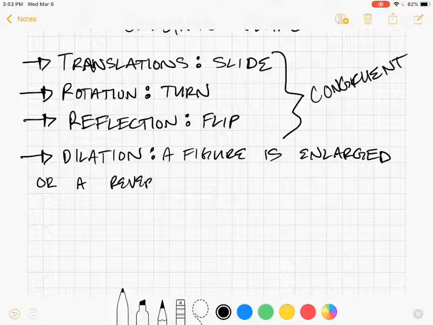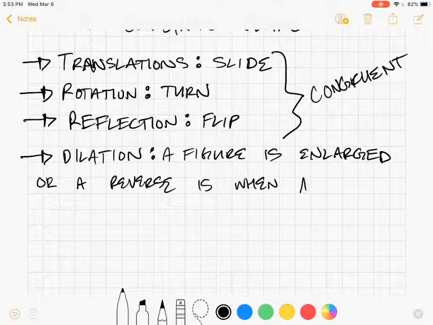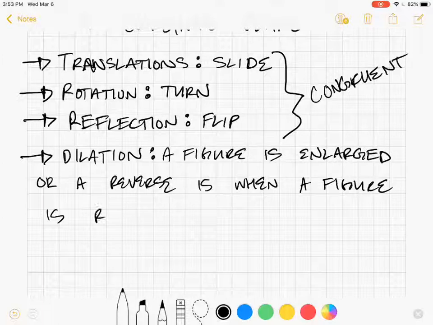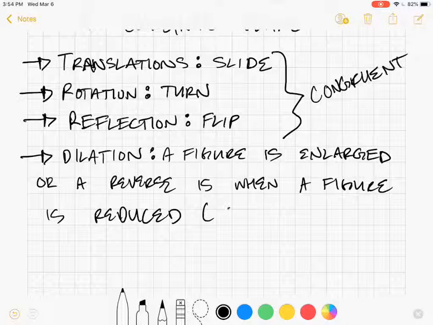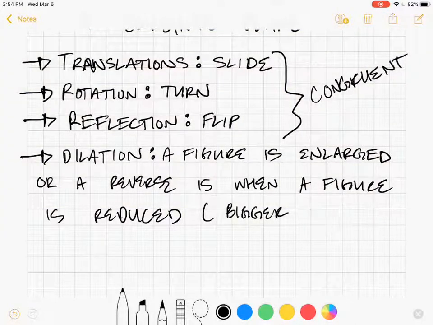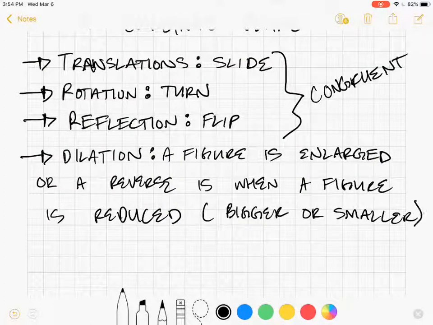Reverse dilation is when a figure is reduced. So if we're talking about dilation, we're talking about a shape getting bigger or smaller. Those are your two options. Dilation on its own is the shape got bigger. If it was reverse dilation, that means the shape got smaller.